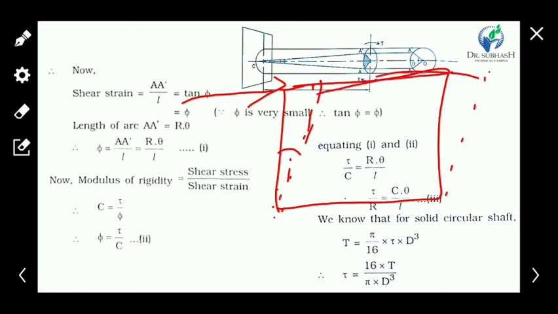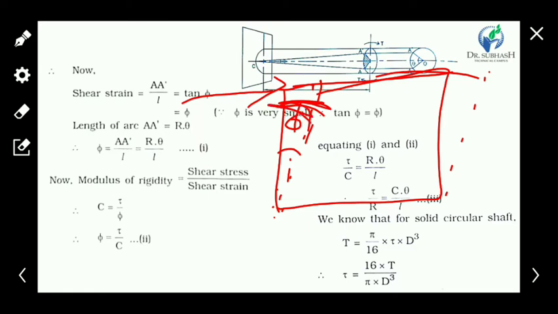Then this angle phi is the shear strain. Shear strain is a deformation per unit length, but here the deformation in shear action is measured in the form of phi.